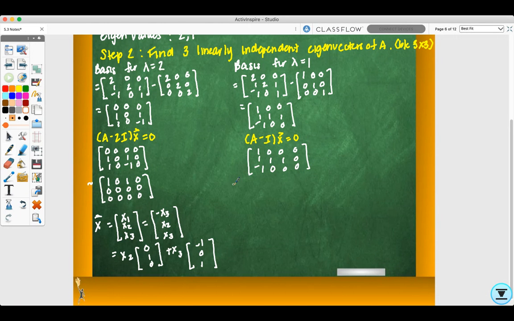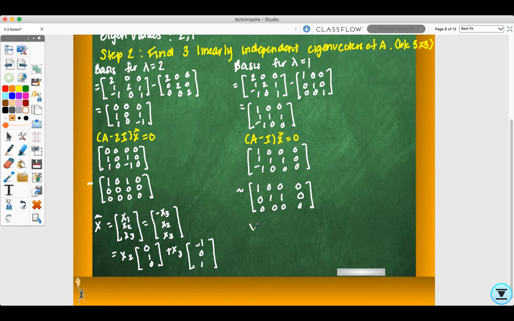And this reduces to, I can take row 3 and row 2, add them together, and row 1 plus row 3. I didn't do anything to row 1. I add row 3 to row 2, and I get 0, 1, 1, 0. And I add row 1 to row 3, and I get 0, 0, 0, 0.